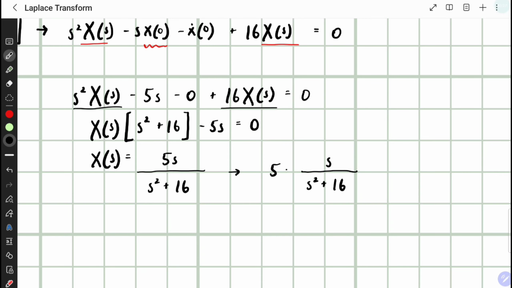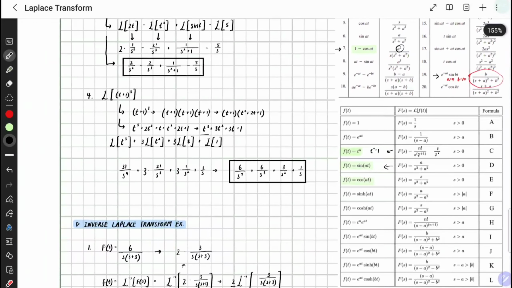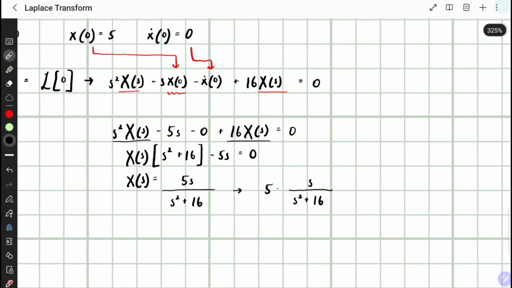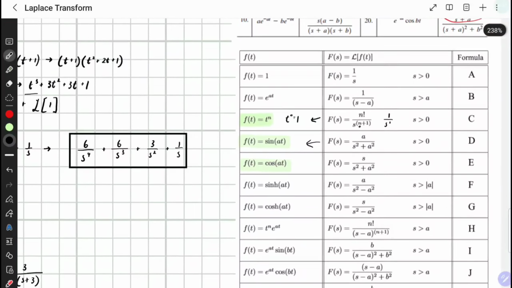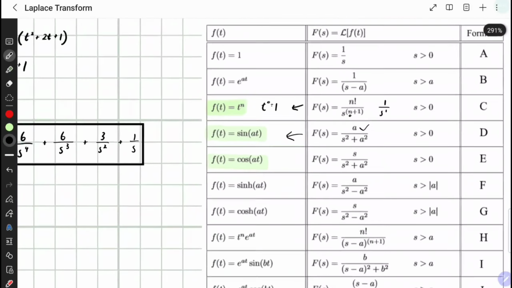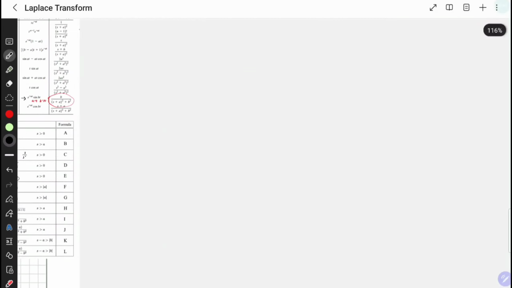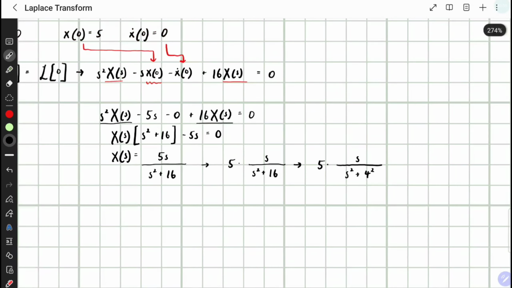And what does this look like here? We have an s in the numerator, which eliminates a lot of things, so we don't have just a constant like here. We have an s in the numerator, we have an s squared, and we can get a square here. Four squared is just 16.